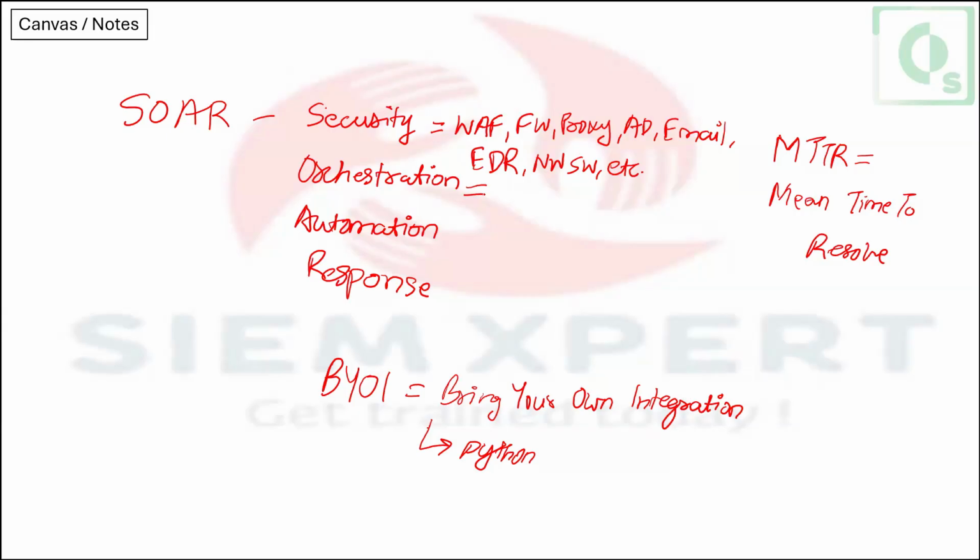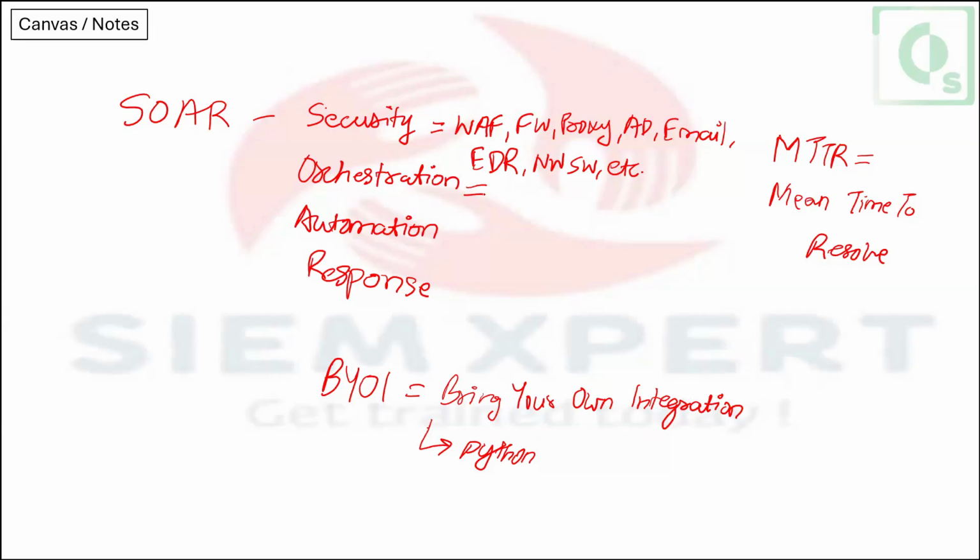So before events come inside the SOAR, I will do a filtration on the SOAR itself: if my log source is Office 365 and severity is high or critical, then only allow it, or else drop the events. By this, what we'll do is the main agenda of, one second.